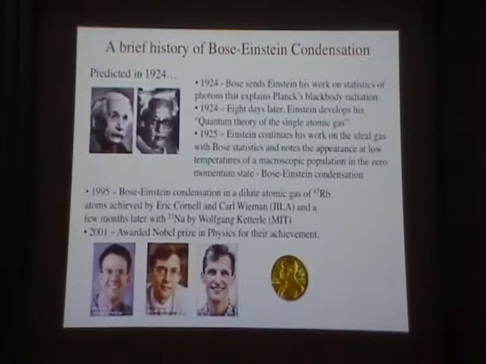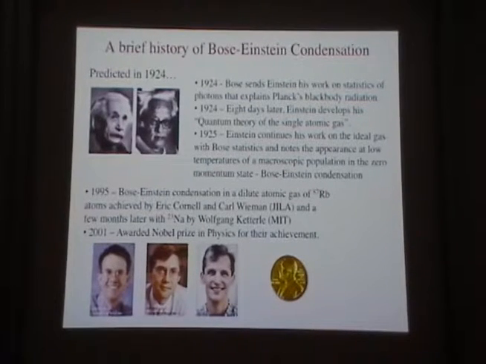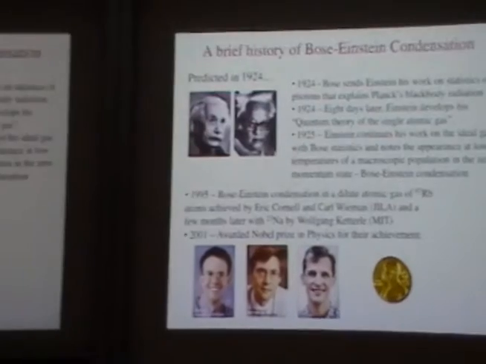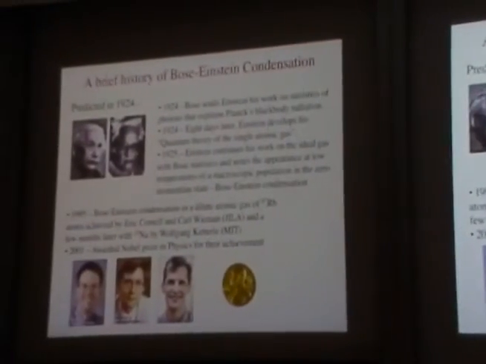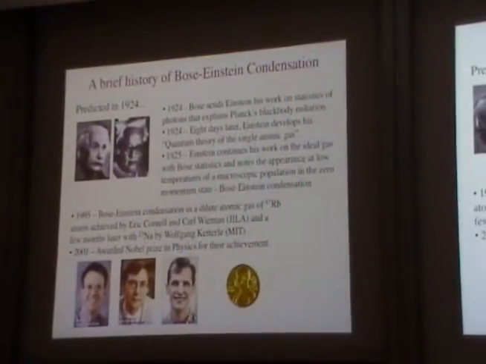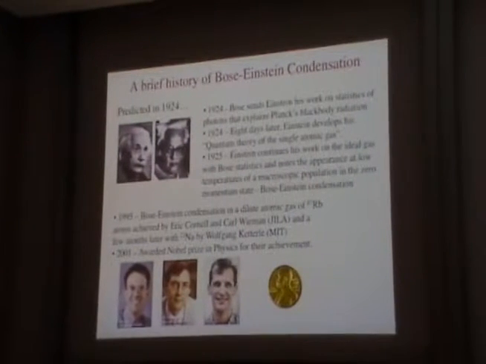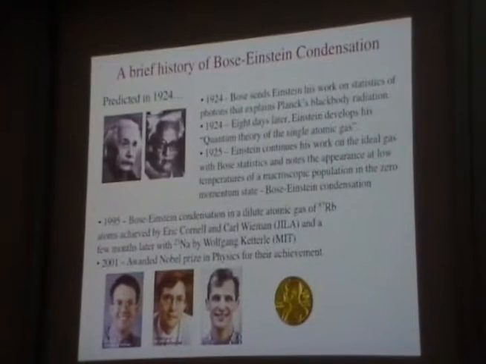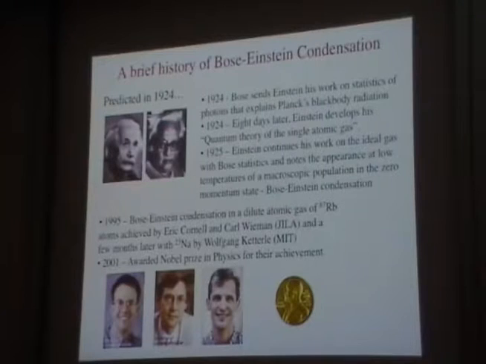So, moving along. Here's a brief history of Bose-Einstein condensation. Basically, the idea of Bose statistics came up in 1924 from Bose, of course. And Einstein, so his original paper had to do with explaining the statistics of photons to explain Planck's black-body radiation spectrum.